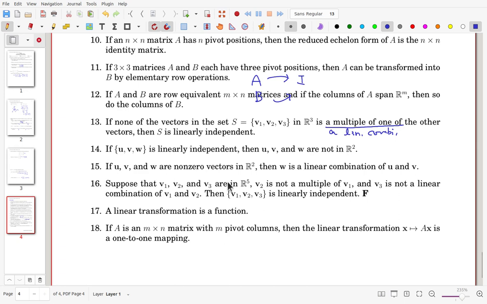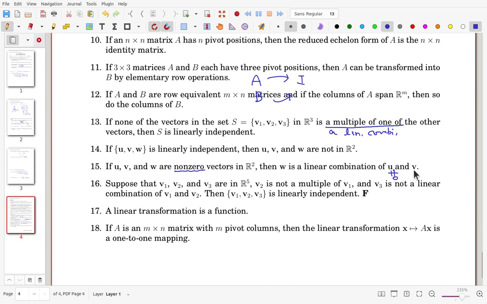If u, v, w are non-zero vectors in R2, then w is a linear combination of u and v. Is it true? It can be true, however, not always. The condition is that these three vectors are non-zero, so u is non-zero.